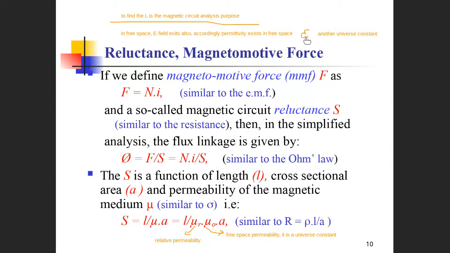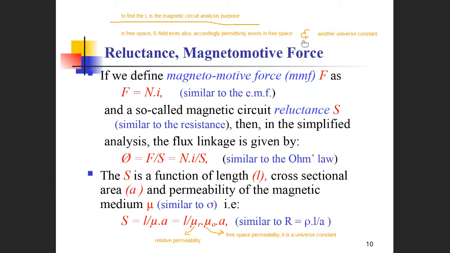So you may know of this one. The epsilon zero and the permeability mu zero together are two basic universe constants. These two constants determine the propagation speed of the electromagnetic field, the speed of light.